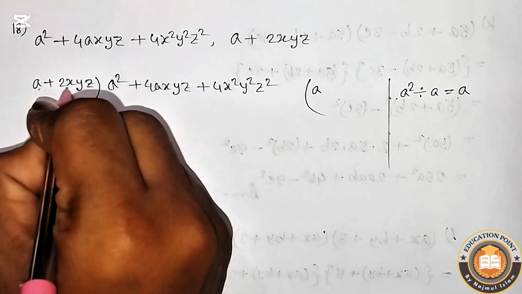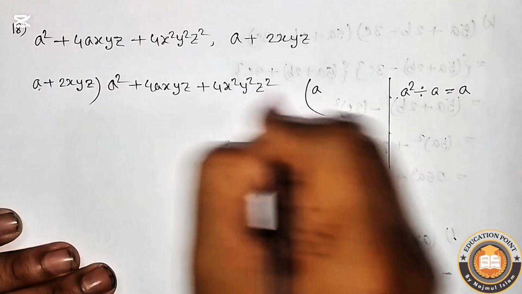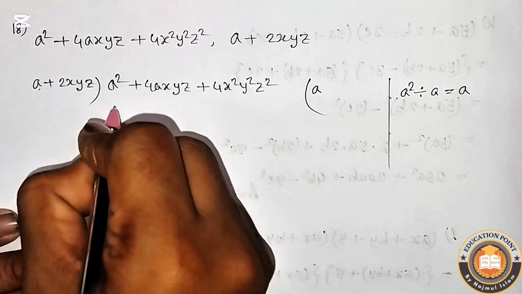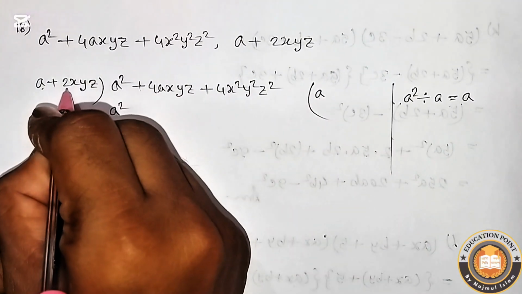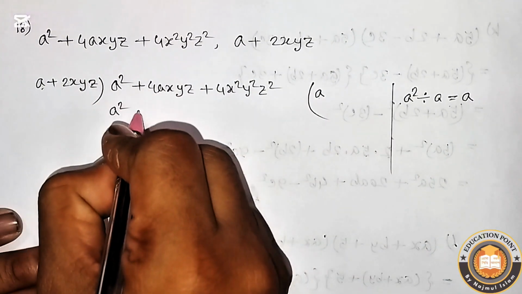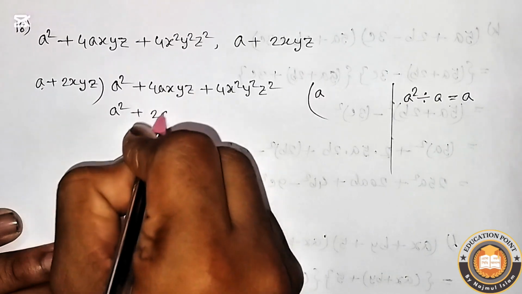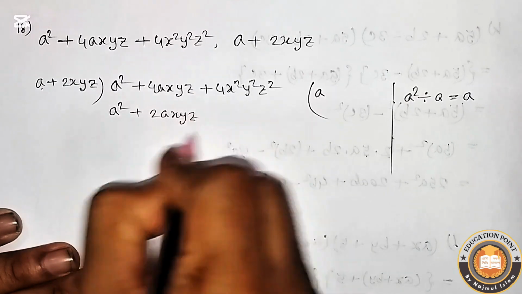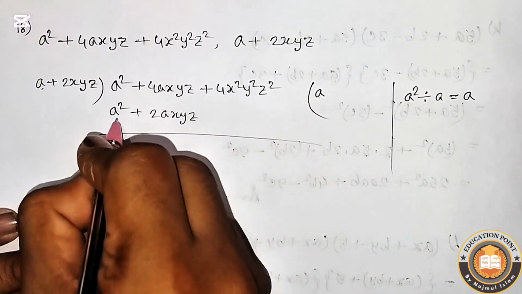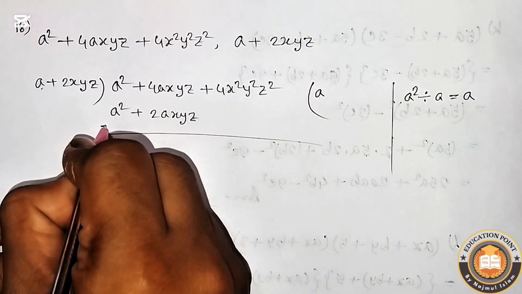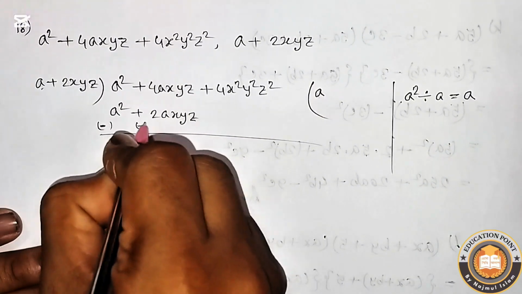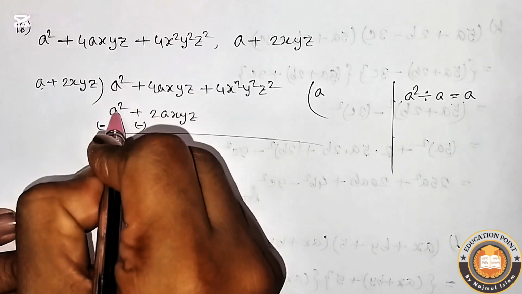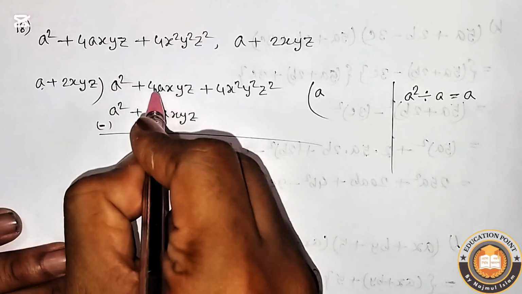Multiply with a plus 2xyz. At first, a multiplied with a equals a square. Then a multiplied with 2xyz equals plus 2axyz. According to the division law, their symbol will be changed. Plus a square minus a square equals 0.